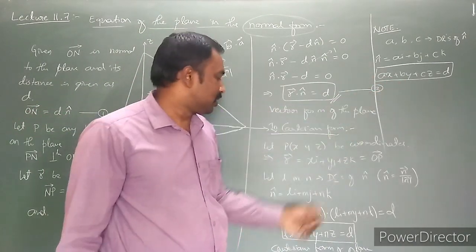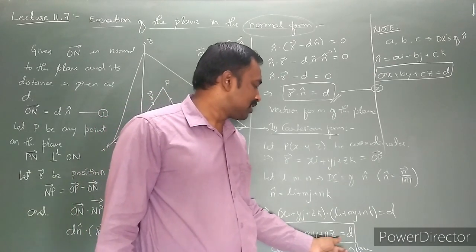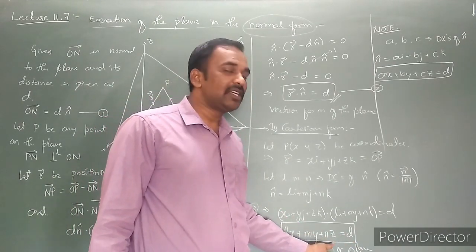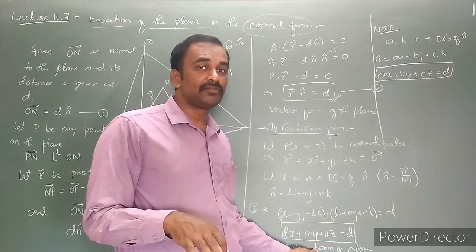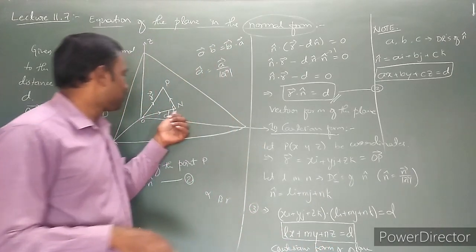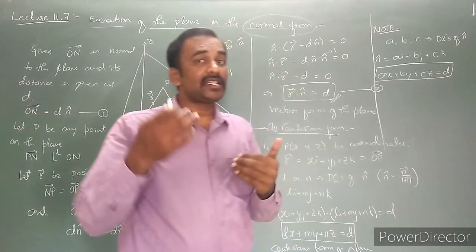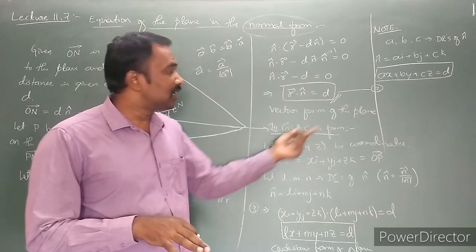Are you clear? Here lx plus my plus nz is equal to d is the Cartesian form of the plane. Here l, m and n are the direction cosines of the normal to the plane from the origin, and a, b, c are the direction ratios of the normal.